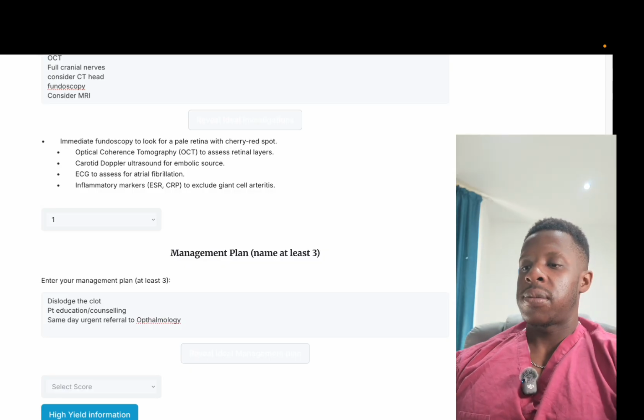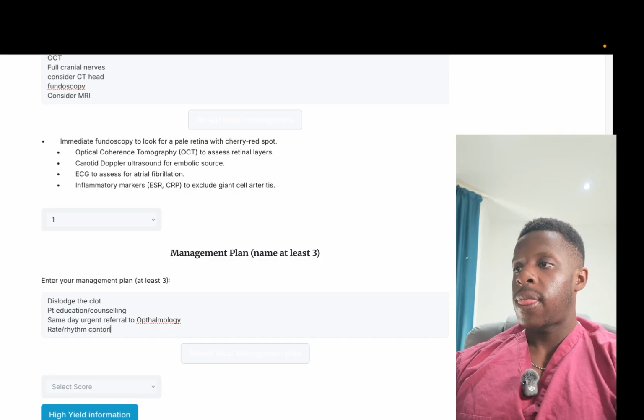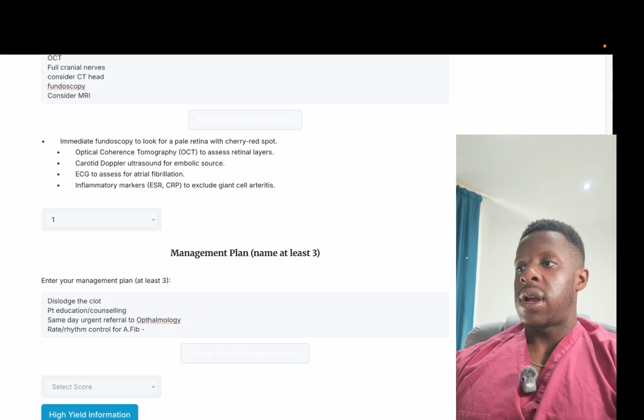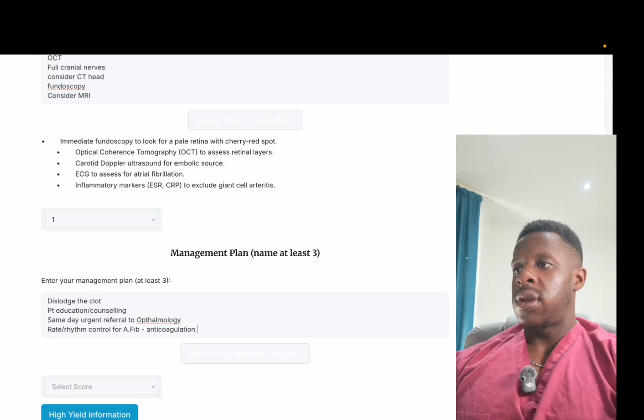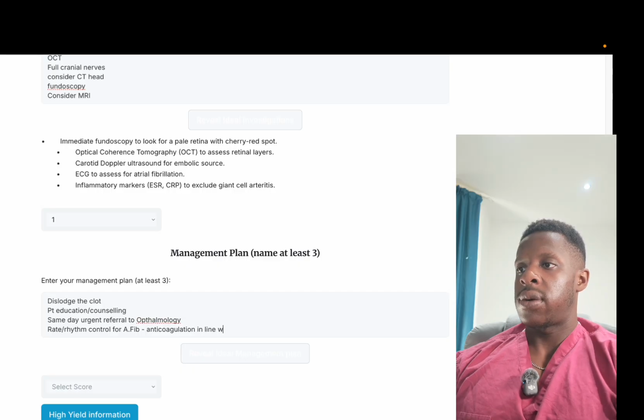Then management, so rate or rhythm control if you're thinking it's atrial fibrillation, depending on the time course. For AFib, if it's outside of the window, you probably want to consider anticoagulation in line with the CHA2DS2-VASc score.